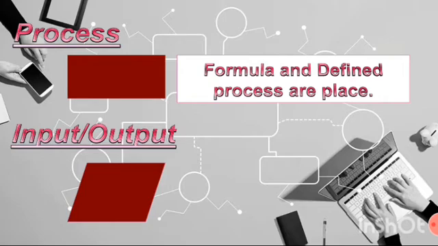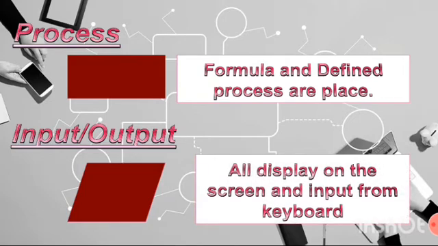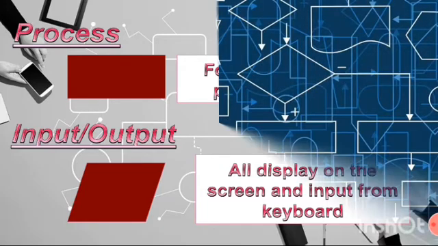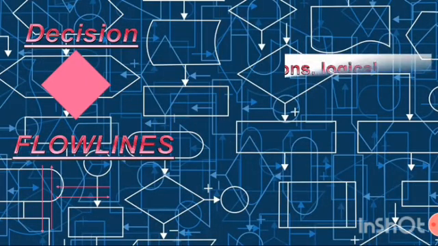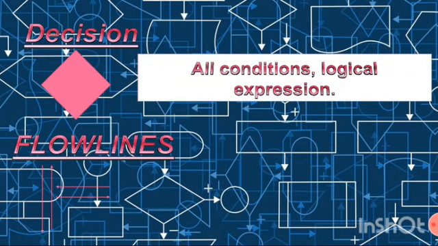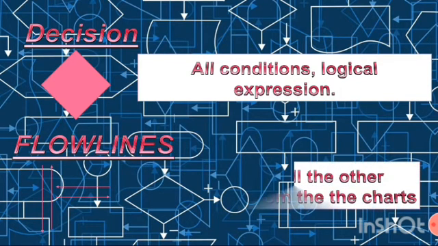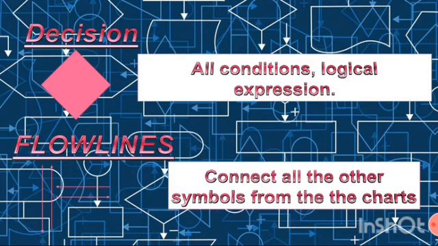Formula and defined process are placed here. Input or output, all display on the screen and input from the keyboard. Decision. All conditions and logical expressions are input here. Flow lines connect all the other symbols in the chart.